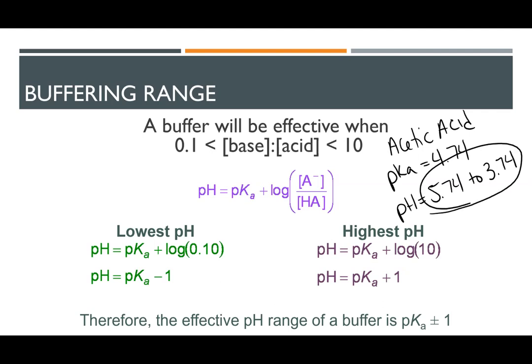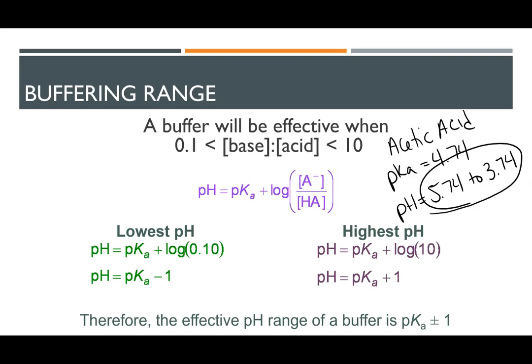So the buffer will be effective inside of that range. If I go outside of that range, so I affect the pH to a pH of 6, the buffer will no longer be effective. So that's what it's saying, the buffer will be effective within that range.